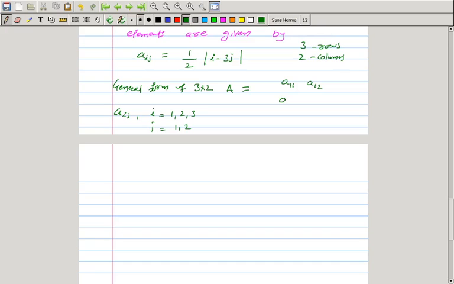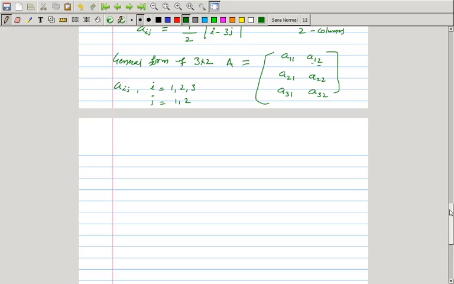That is A21, second row, second element A22. Next the elements of the third row are A31, A32, right? So this is our general form of the matrix. Now I have to just calculate the values of these elements. Here the suffixes are I and j. Now let us calculate the values for each element.